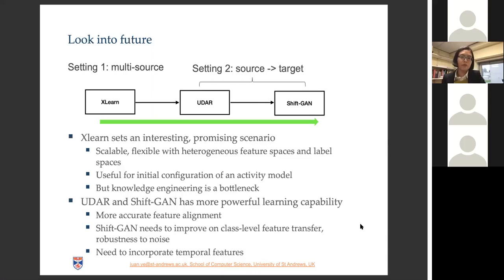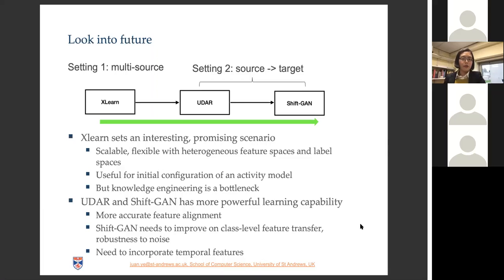For setting 2, the traditional source-target domain adaptation, UDA and ShiftGAN have more powerful learning capability than XLAN and have achieved good results compared to the latest transfer learning techniques. The feature alignment is definitely more accurate than XLAN.